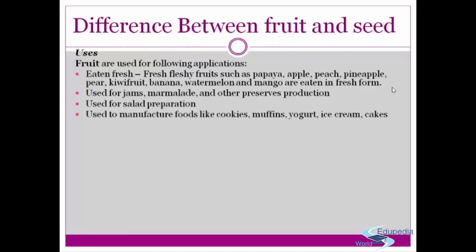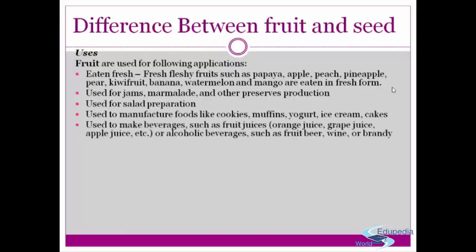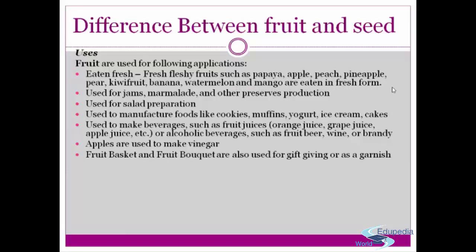Used to manufacture foods like cookies, muffins, yogurt, ice cream, and cakes. Used to make beverages such as fruit juices and alcoholic beverages such as wine, and apples are used to make vinegar. Fruit baskets and fruit bouquets are also used for gift giving or as garnish.